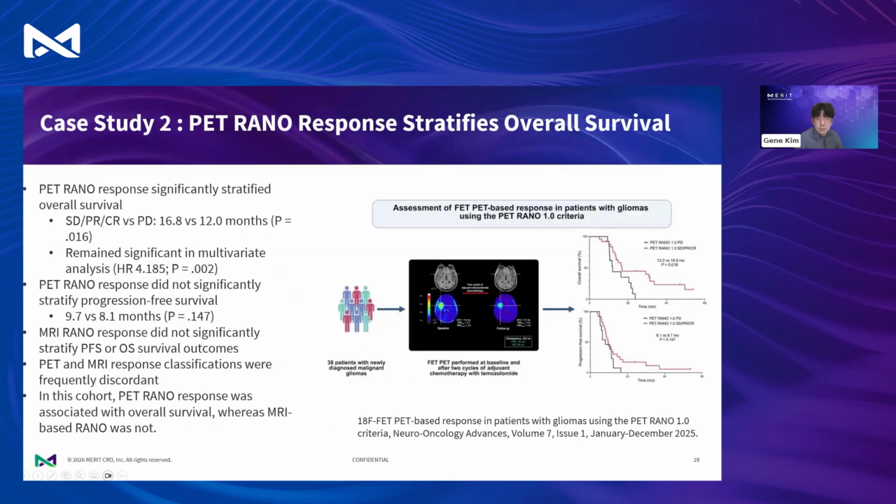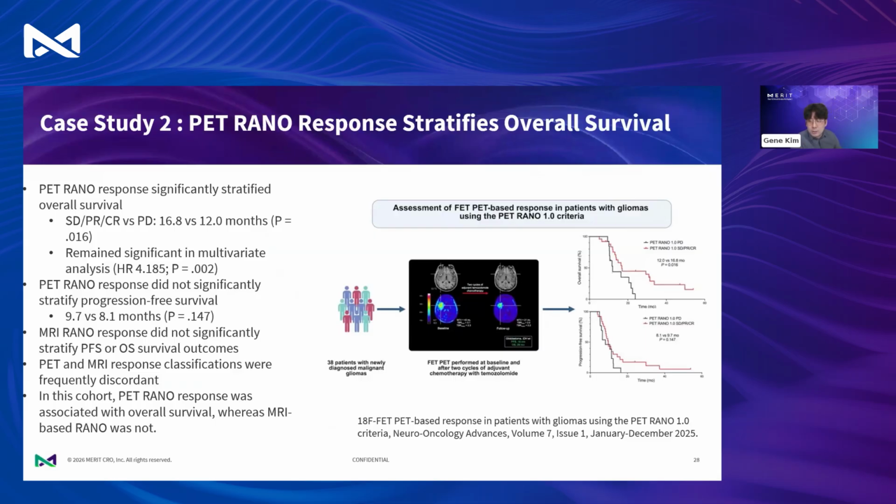The second study applies the PET RANO 1.0 criteria directly alongside MRI RANO 2.0 to a glioma cohort treated with temozolomide. Both assessments were conducted in the same patients at the same time points, allowing a direct parallel comparison. PET RANO response significantly stratified overall survival.